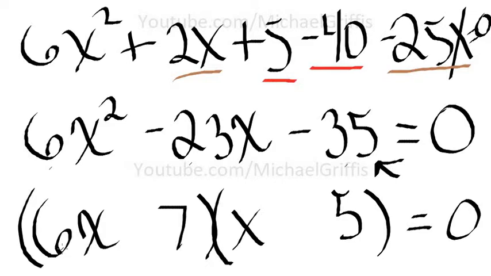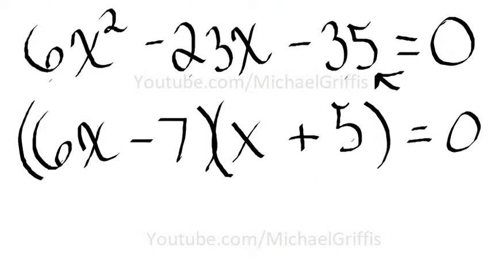So 6 times 5 is 30, and 30 minus 7 is 23. So this will have to be a minus, and that'll have to be a plus. So negative 7 times positive 5 is negative 35. 6x times 5 is 30. So, yep, that's it. I think I just got lucky on that one.